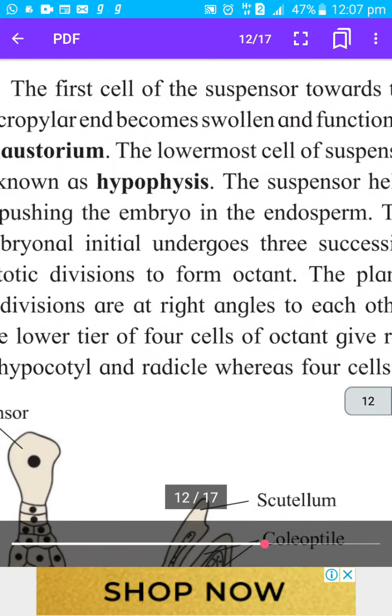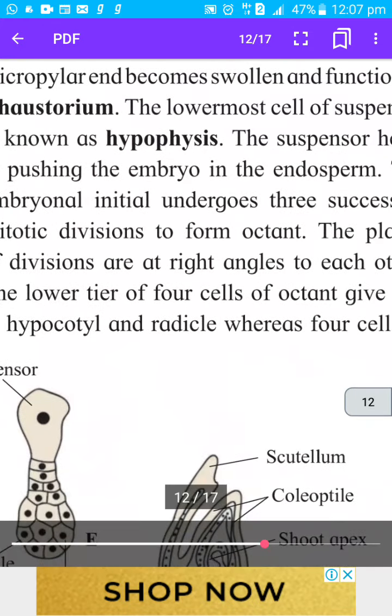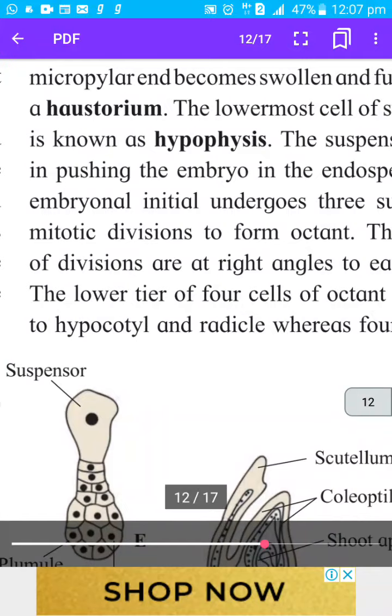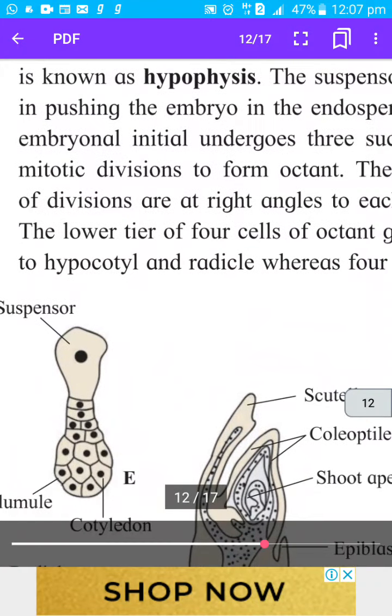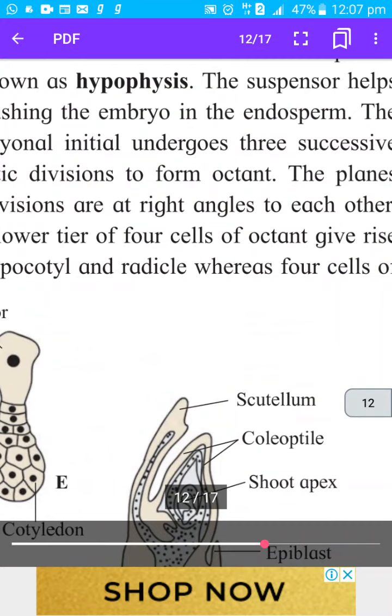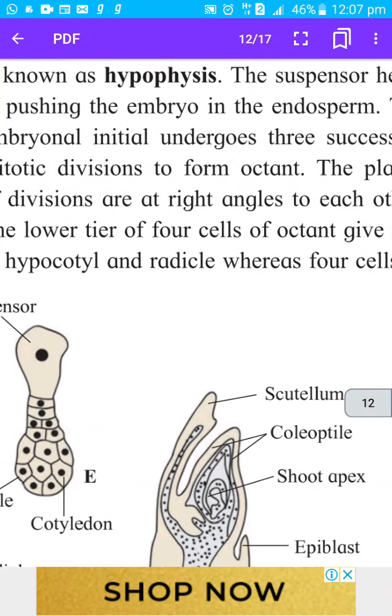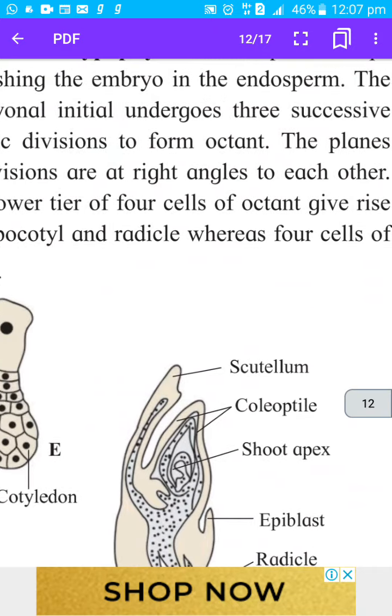Then the lowermost cell of the suspensor is known as hypophysis, and this hypophysis will afterward develop into root or root cap. So the function of suspensor is to push the developing embryo into endosperm to get the nutrition.